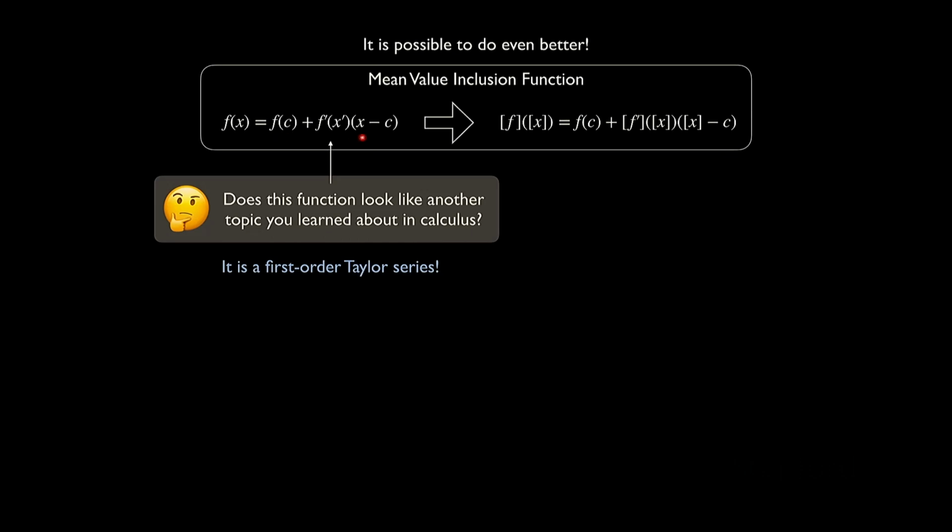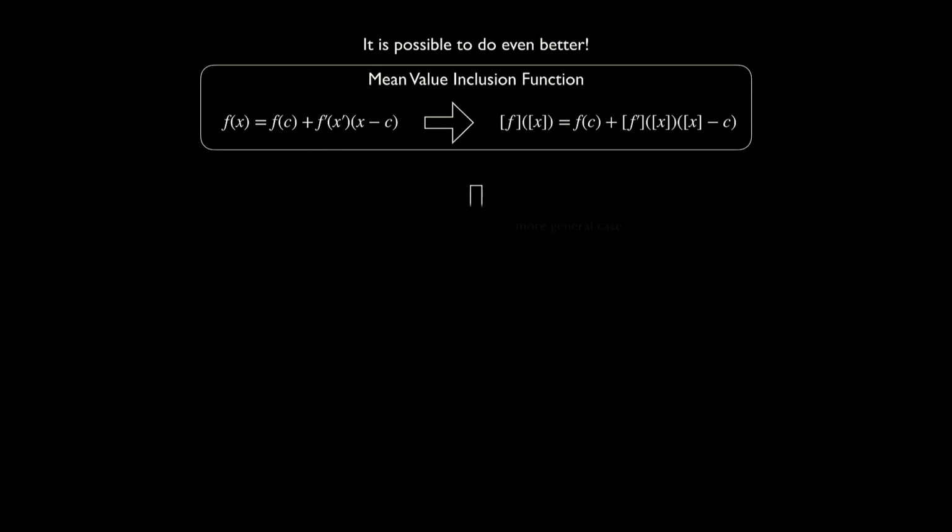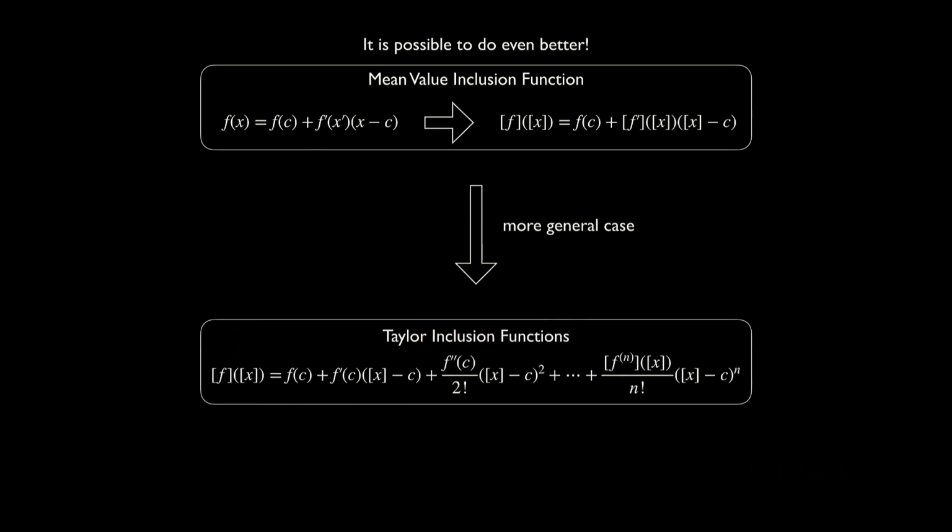But we don't have to just stick to first order Taylor series. It turns out there's a way to generalize this to something we call Taylor inclusion functions, and for that we just use n terms of the Taylor series. I didn't prove that this works, I just proved it for this first case. But hopefully you can believe me that it's okay to extend it to more terms of the Taylor series.